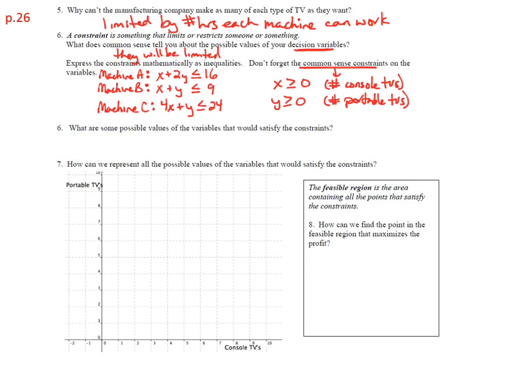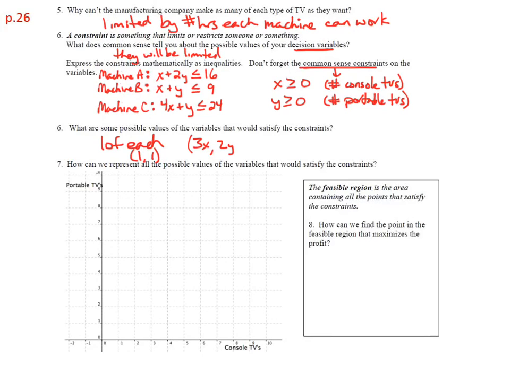All right. So if we were looking at some possible values that would satisfy each constraint, we could say one of each, or 1, 1, if we wrote it as an ordered pair. What else would work? Maybe 3 of the console TVs and 2 of the portable.